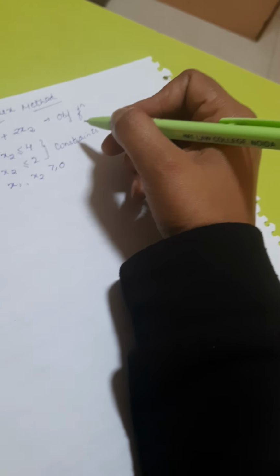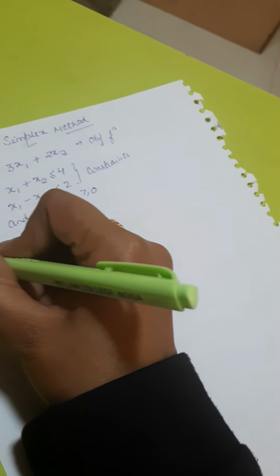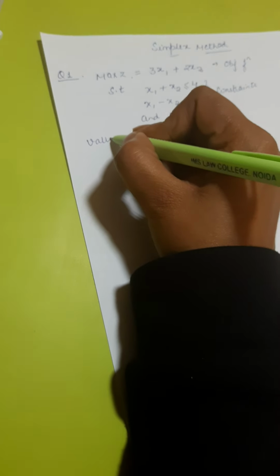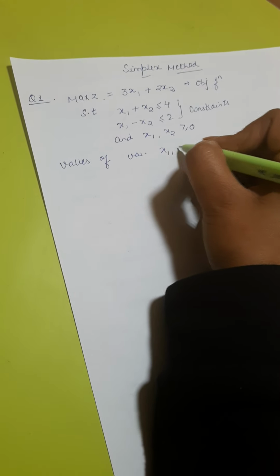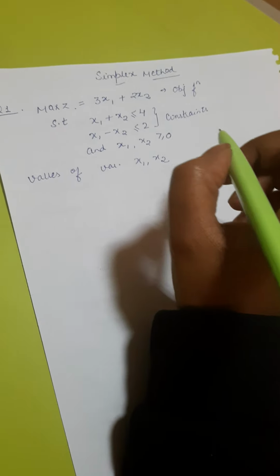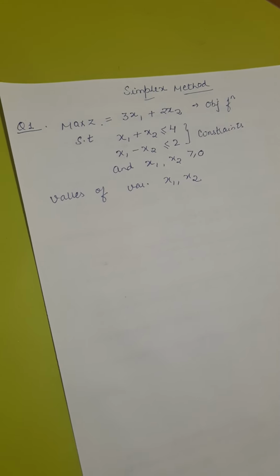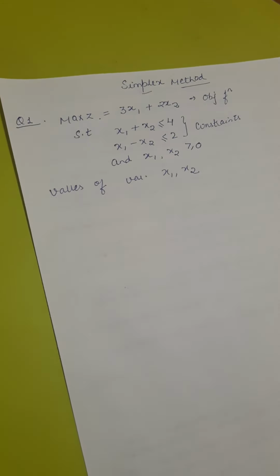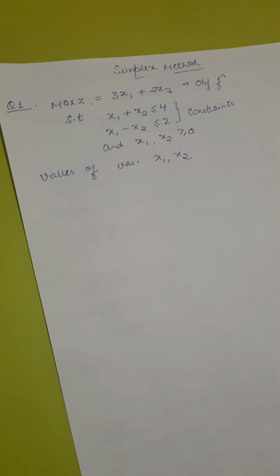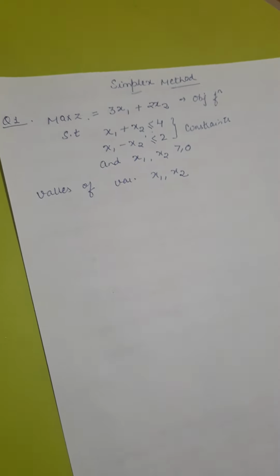What basically we need to find in this question is the values of the variables. Now what are the variables in this question? x1 and x2. The first thing is we need to know the constraint, whether it is less than or equal to or greater than or equal to, but in this question it is less than or equal to. So how to make it balanced?